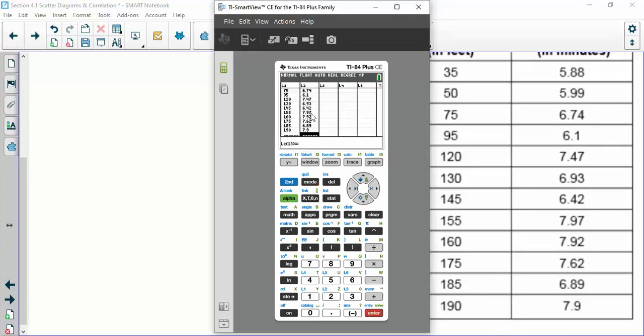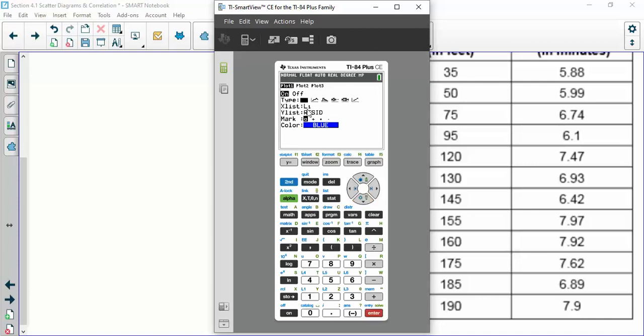So once we have these listed, if we go into second, stat plot, I'm going to go into plot number 1. I want to turn it on, and the scatter plot is actually the first option in this type. So we've been here when we did box and whiskers and histograms. We want the scatter plot now as the first one.